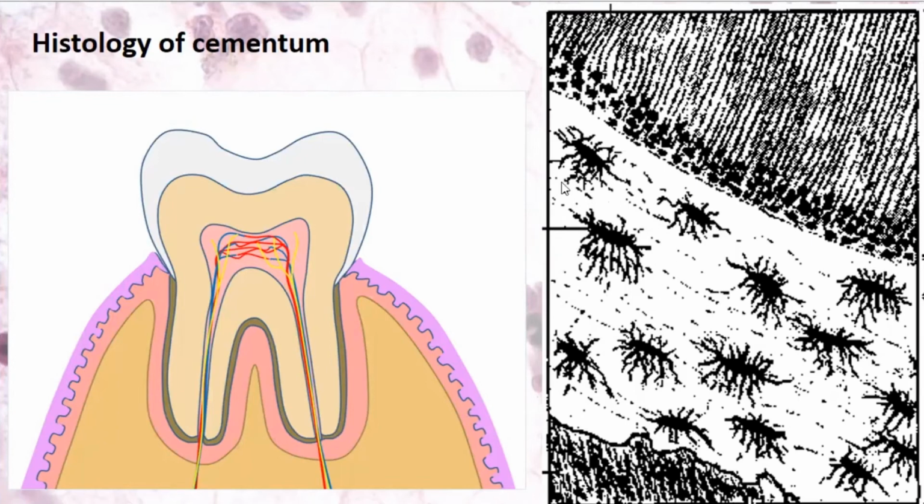They surround themselves with matrix, and they are located in the lacuna. So cementoblasts and cementocytes may be described as kinds of osteoblasts and osteocytes. They are very related to them, but they are present in the cementum of the tooth.